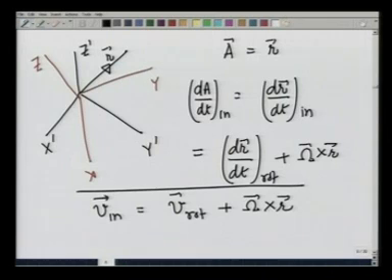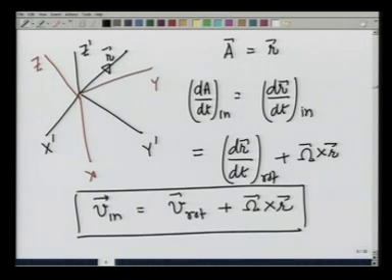This is one very important relationship. What we are after, though, is the relationship between the accelerations observed in the two frames.